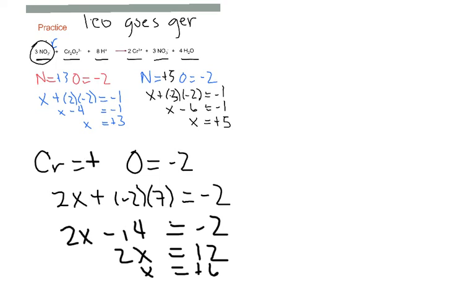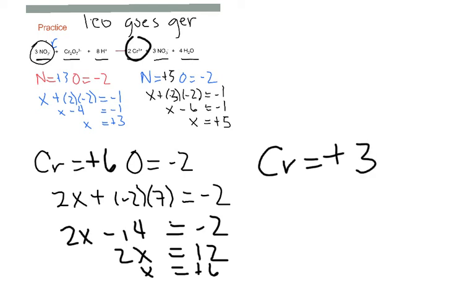So chromium has a +6 charge, or not charge, but oxidation number, in the reactants. And then in the products, it's really convenient that we don't have to go through all that algebra again. Chromium in the products has a +3 oxidation number.